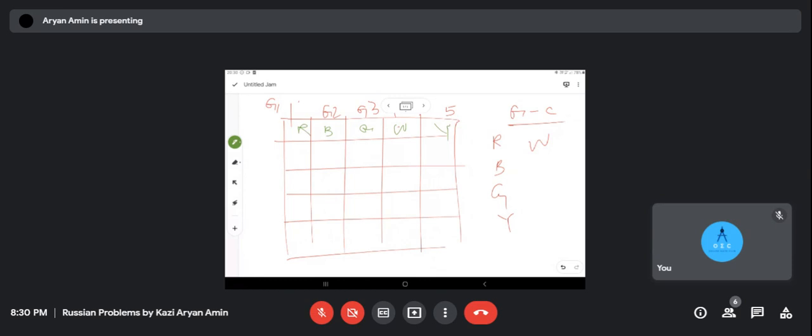So for example, in the second thing, G1 is matched with B. This guy is matched with R. This is matched with G. This is matched with Y. And suppose I'll just randomly fill it up: Y, W, R, Y, because the matching can be basically anything.